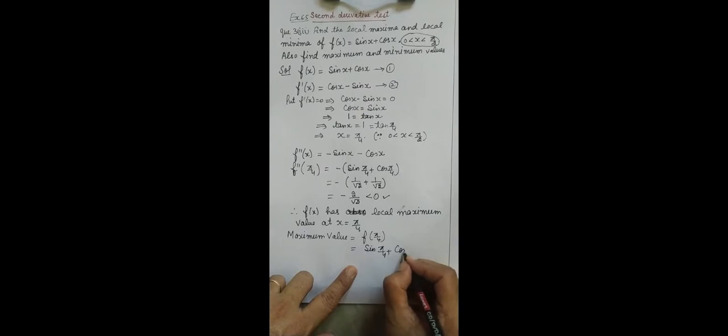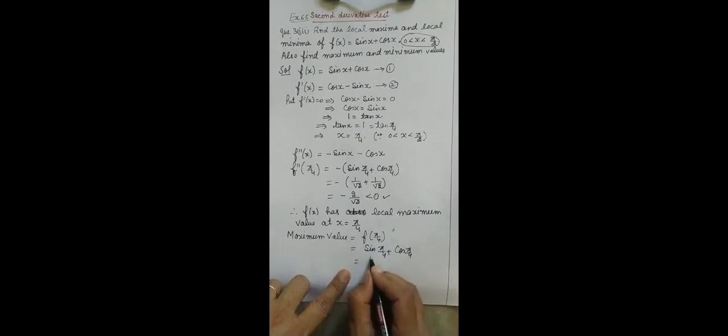Maximum value will be f of pi by 4, which is equal to sine pi by 4 plus cos pi by 4, which is equal to 1 by root 2 plus 1 by root 2, which is 2 upon root 2, which can be written as root 2. So in this case, there is only one local maximum value of the function, and there is no minimum value.